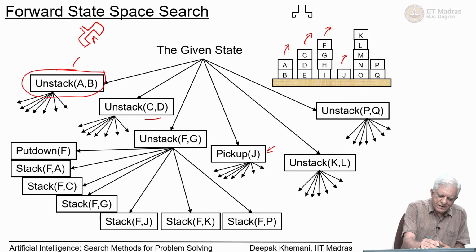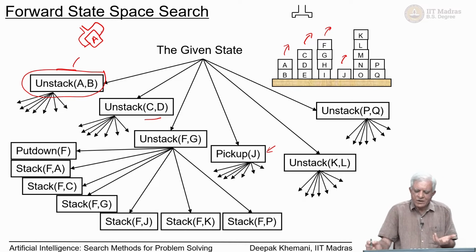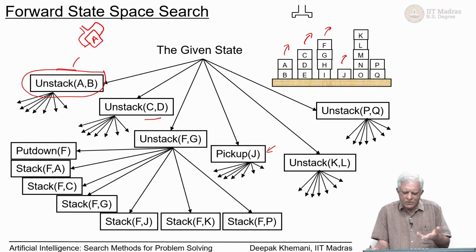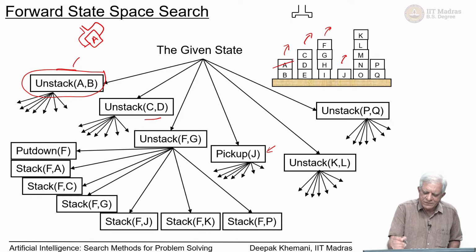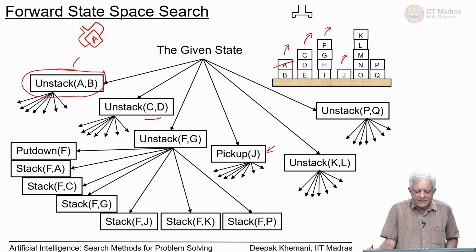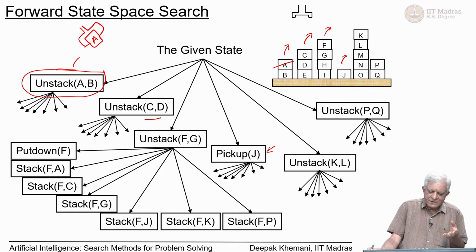The robot arm will be holding A and A will no longer be on B. So, it would have been deleted from this state here. And then what are the actions that are applicable there? First of all, you can put A back onto B, or you can put it on top of C, or you can put it on top of F or J or K or P, or you can even put it on the table. All these actions are possible. So, there is a huge state space that is happening.